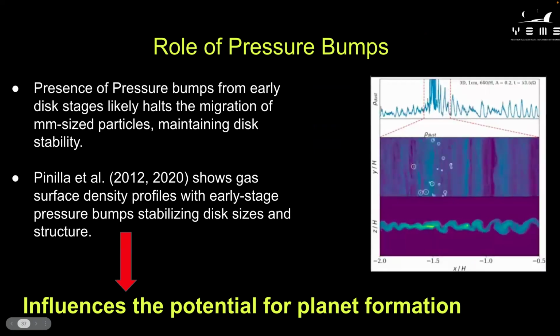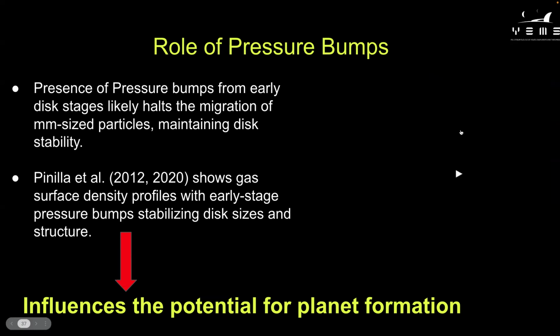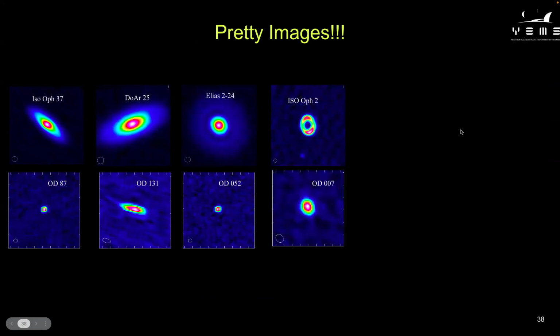In the mid plane, you can see this kind of structure being created while there is a radial drift as well. These structures will trap the grains and aid in planet formation. This is one of the implications of the results we are studying, and we are trying to say that pressure bumps are much more essential for the kind of observations we are seeing.